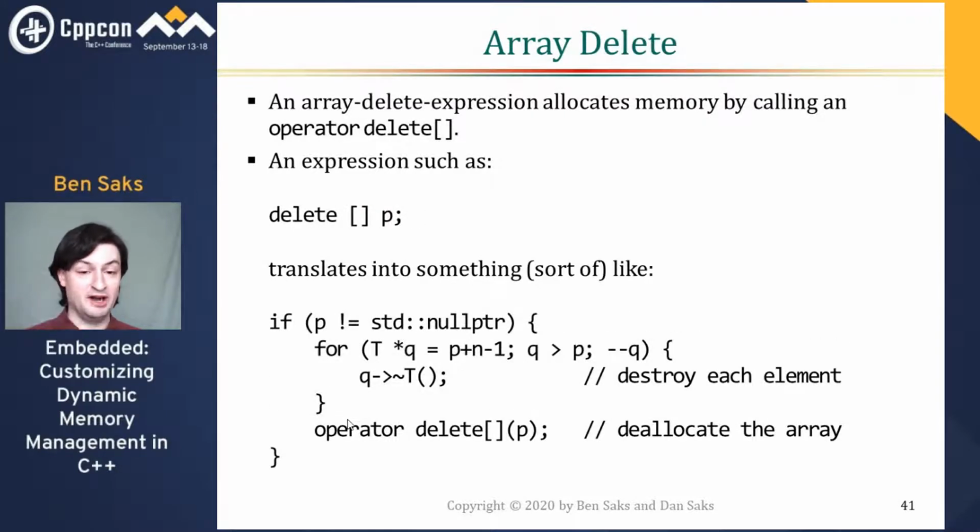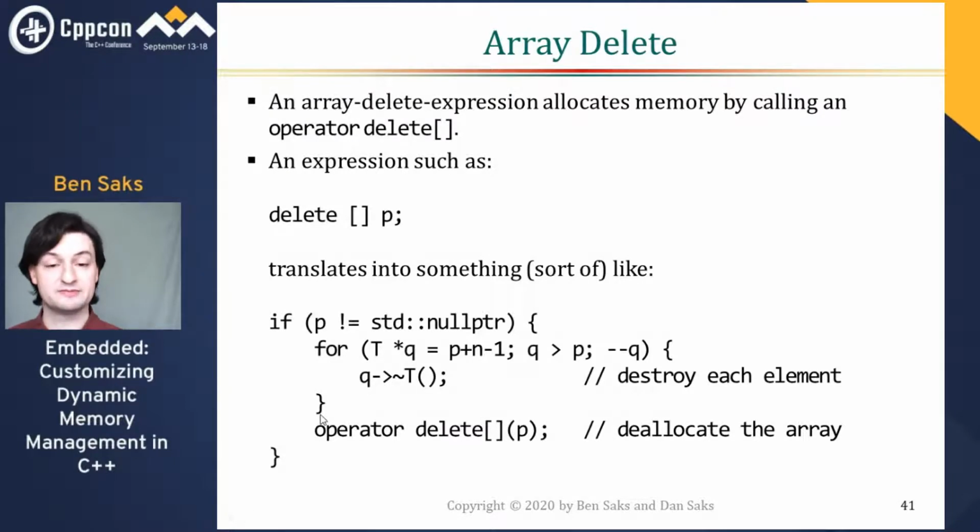By the same token, an array delete expression, delete[] p, translates into something that looks like this. It checks to see: is the pointer null? If not, go through the entire array in reverse order, destroying each element, and then release the memory associated with the entire array by calling operator delete[].